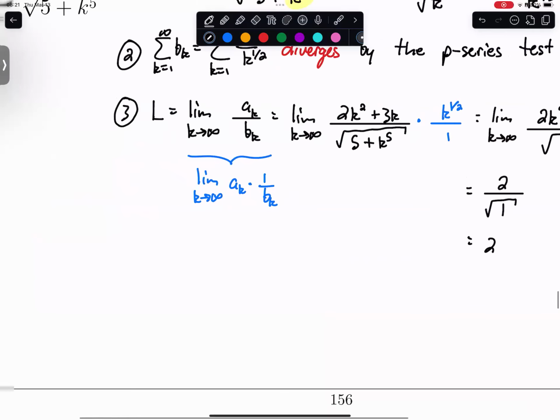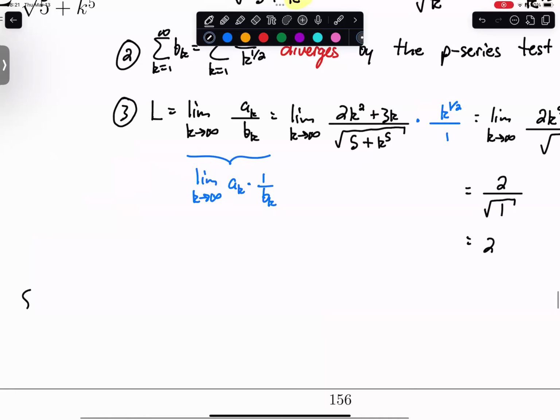So let's go ahead and summarize here in our conclusion. So I have that my L is 2, and I know that that L is positive and finite. That means by limit comparison test, I know now that both series have to converge or diverge.